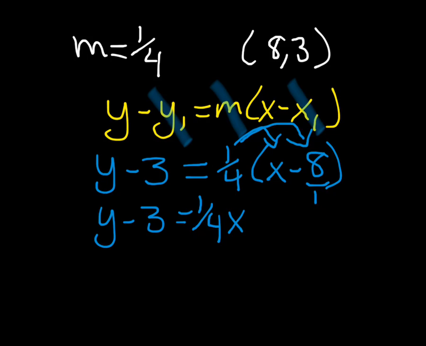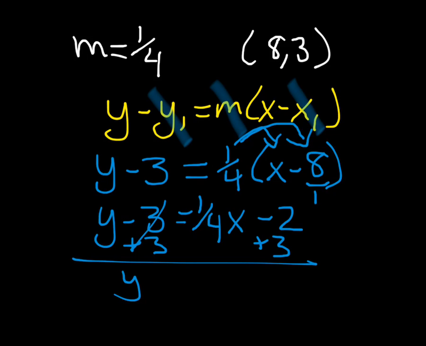So -8 divided by 4 is -2, or minus 2. Last step, I just need to get y by itself, move that minus 3 to the other side, so I will add it. I get y equals 1/4 x plus 1. That's the slope-intercept form of that equation.